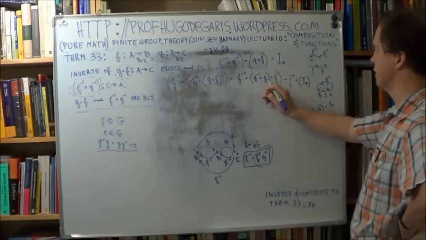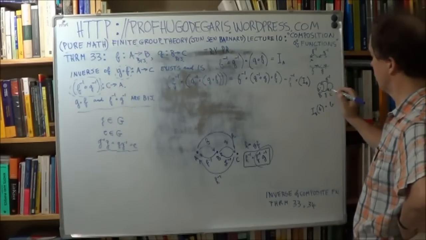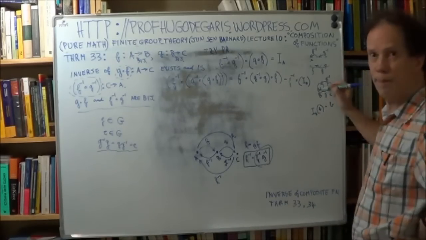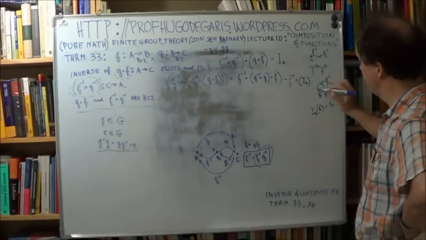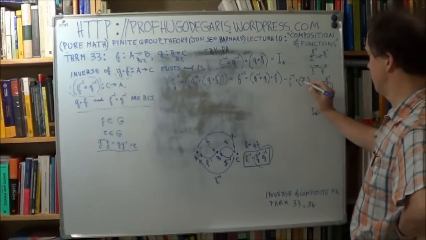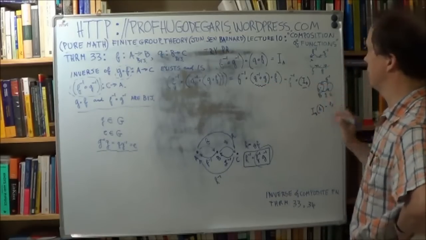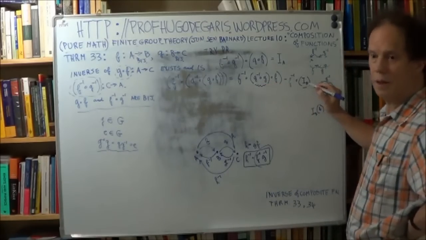And this cancels this, and little g does what? Well, it maps little b. So for this we get the identity function times f.